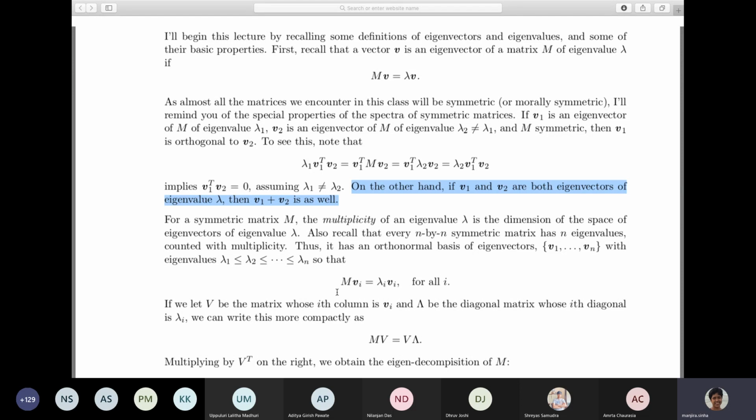So for all i, M times vi equals lambda i times vi.